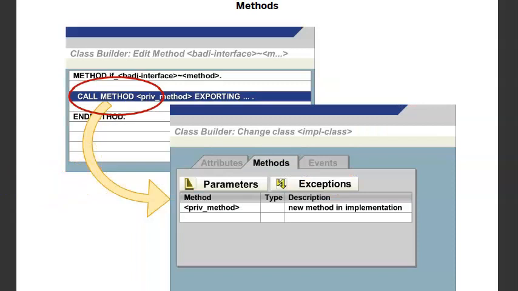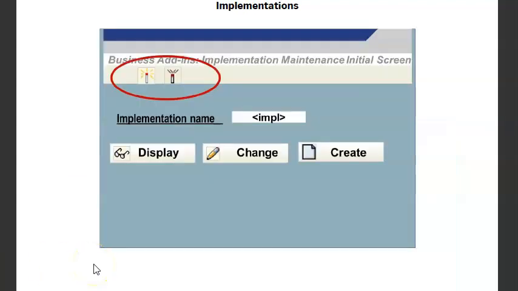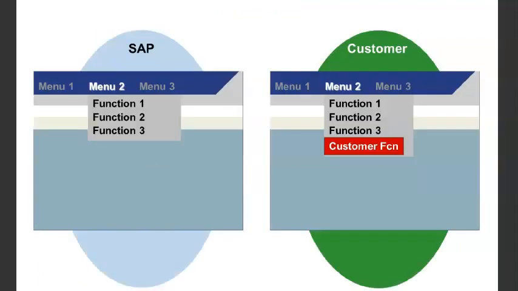Once the implementation name has been given, inside it we use the call method, and we'll be writing the logic there inside that implementation. Once we are done with the implementation part, we just need to activate the implementation, and that's it. Then whatever logic we have written will impact the standard transaction.